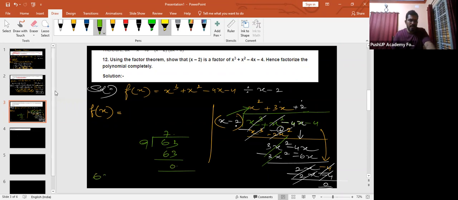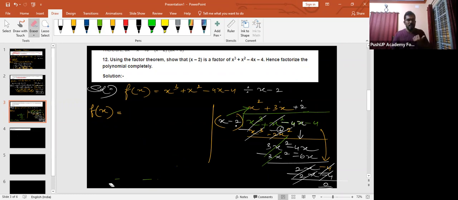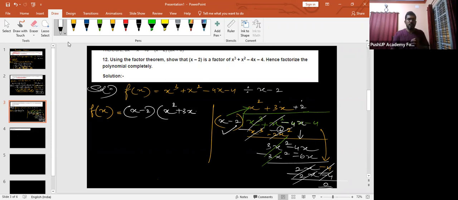So can't I write 63 as a product of the divisor and the quotient? Yes, I can. So here also the same logic I am going to apply. F of x is the polynomial. That f of x can also be written as the product of the divisor, which is x minus 2, and the quotient which you found just now, x square plus 3x plus 2. Understood?